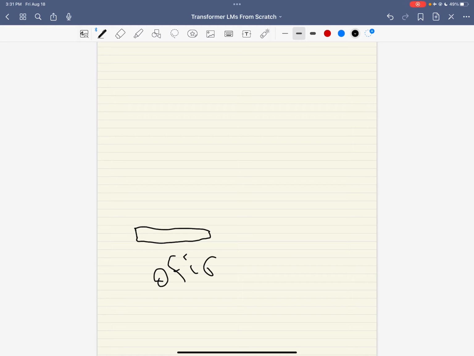Now, the way a language model's output looks is that it doesn't say, okay, the current input word is Ophir, I think the next word is such-and-such. It doesn't make those kinds of concrete, discrete outputs. What it does is give us an output distribution. So it's like, okay, the current input word is Ophir.